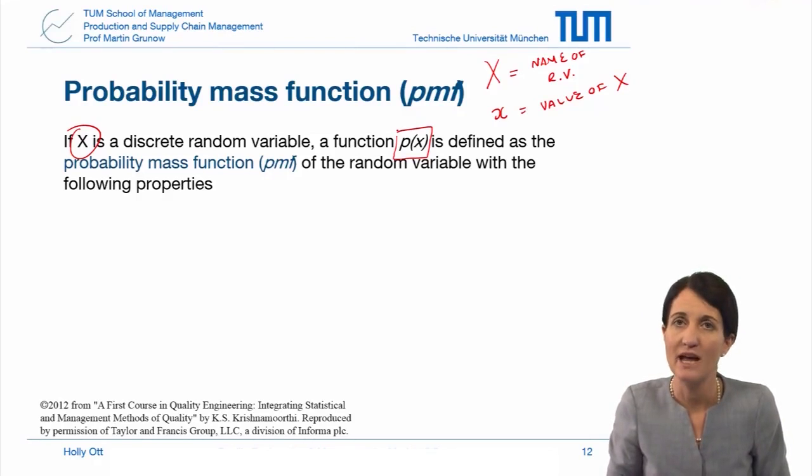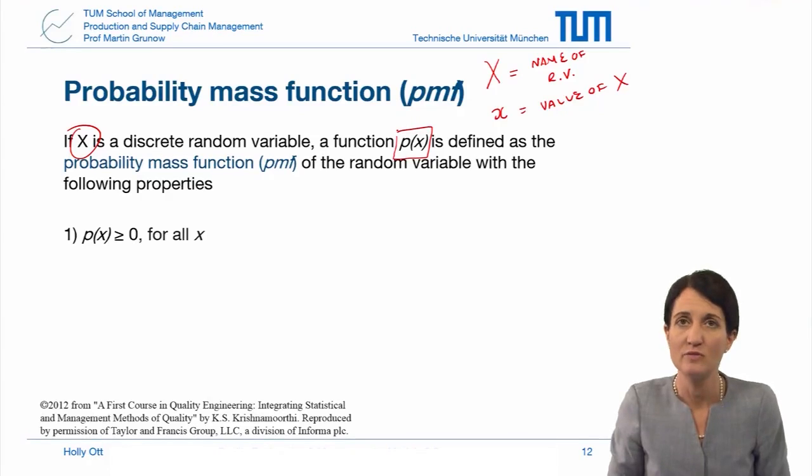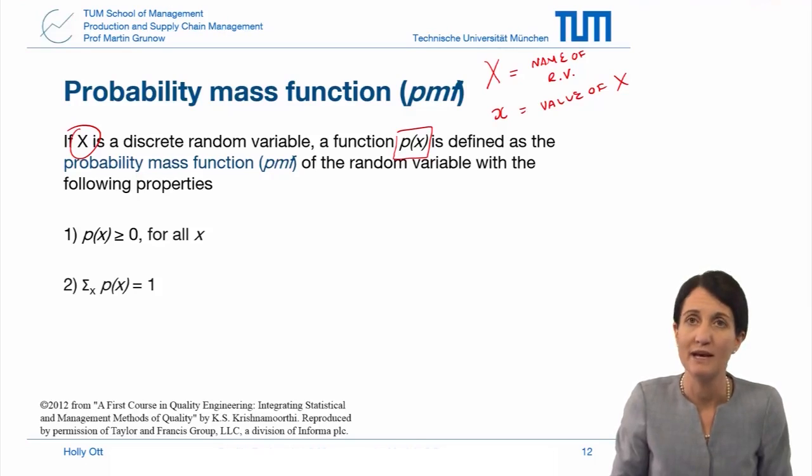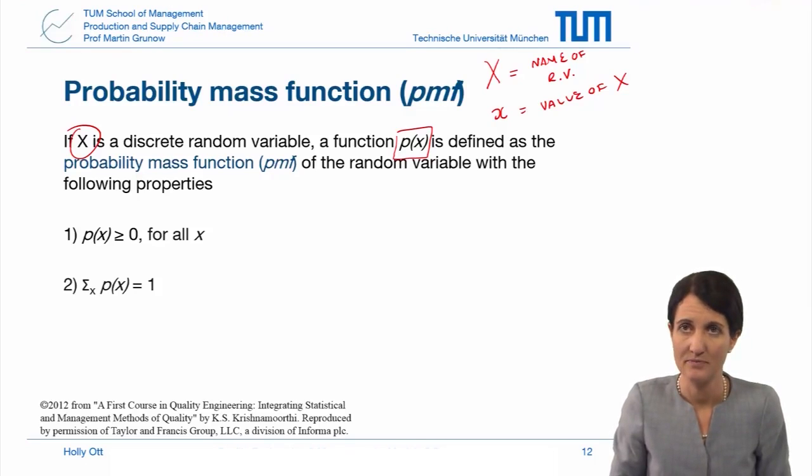And this function has the following properties. This function p of x has to be greater than or equal to 0 for all values of x. When you sum the probability mass function p of x for all values of x, you will get 1 exactly.